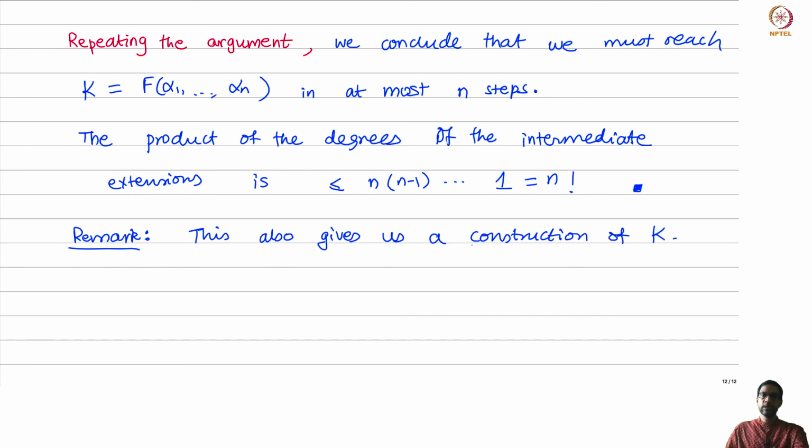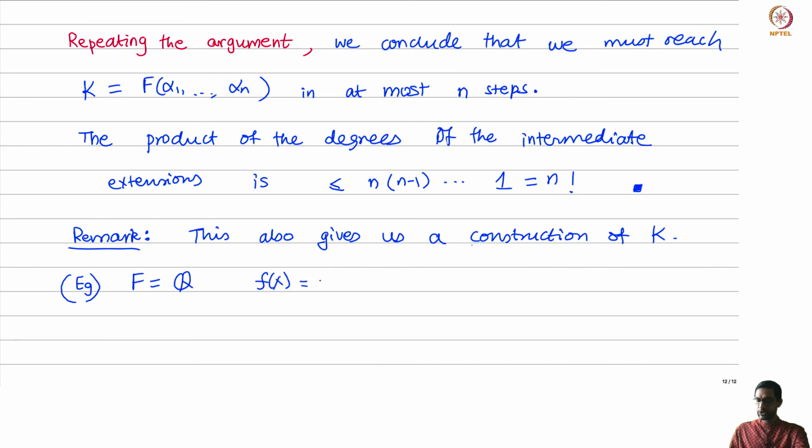What you do at each step is adjoin one root at a time, and then you see how many of the other roots still haven't fallen into the extension at that point, and then you adjoin that root.